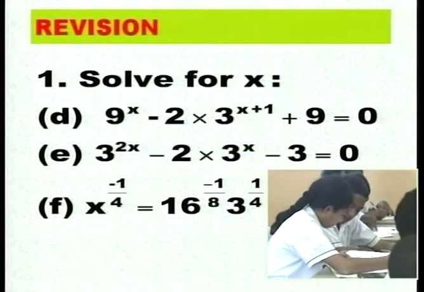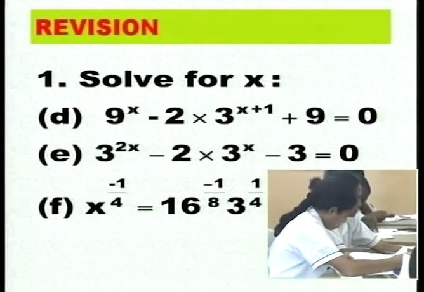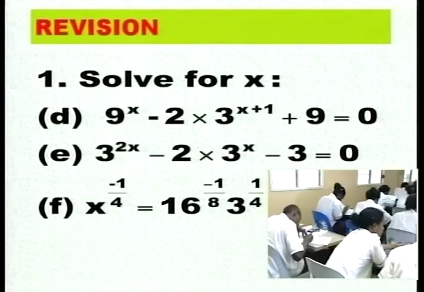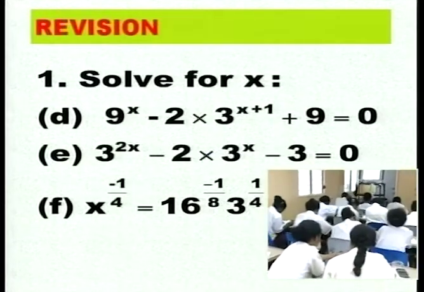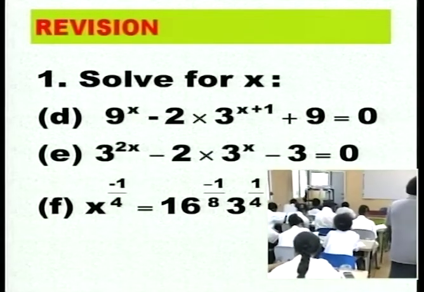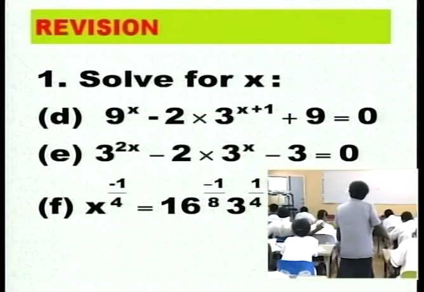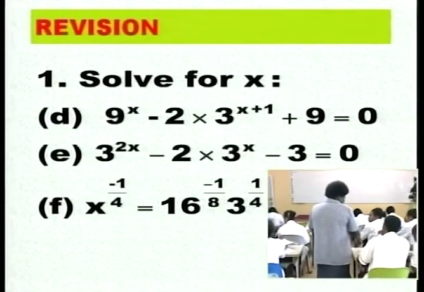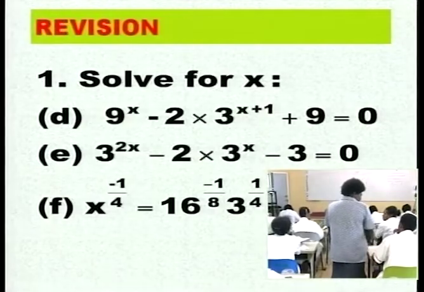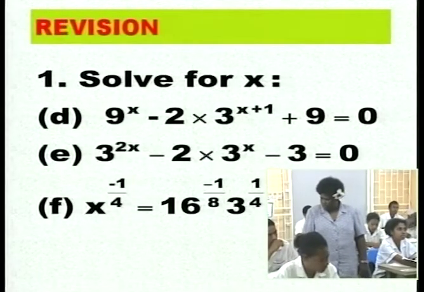You have to rewrite 9 to the power of x to the base 3. 9 to the power of, yeah, that's 3 squared. And then you have to make, like, let u equal 3x or something.